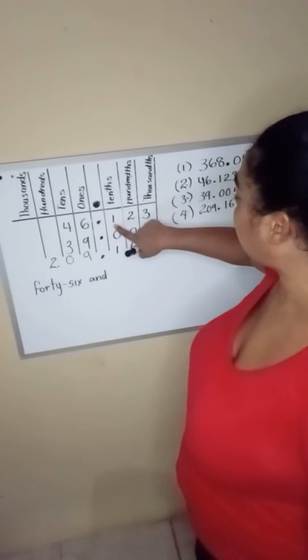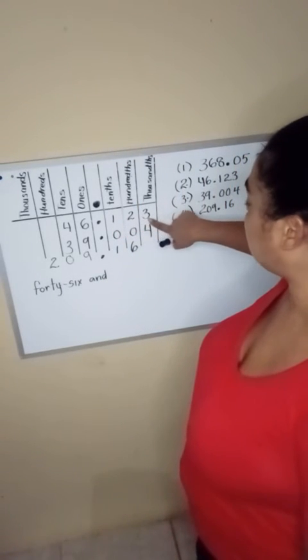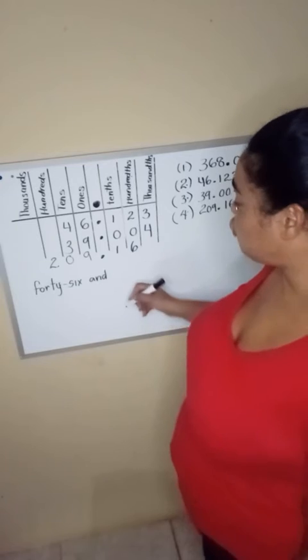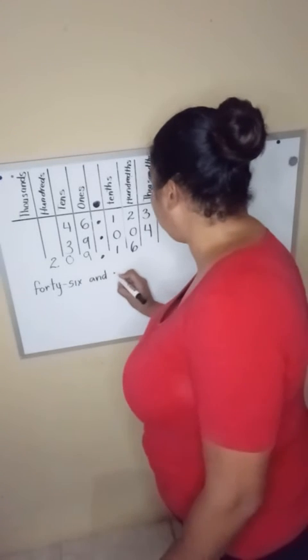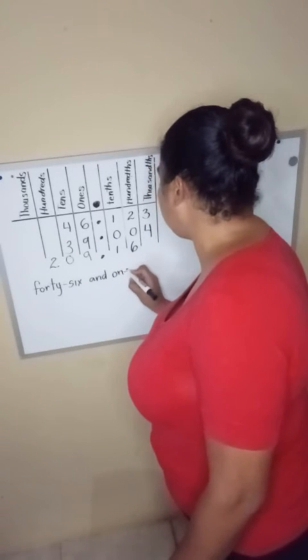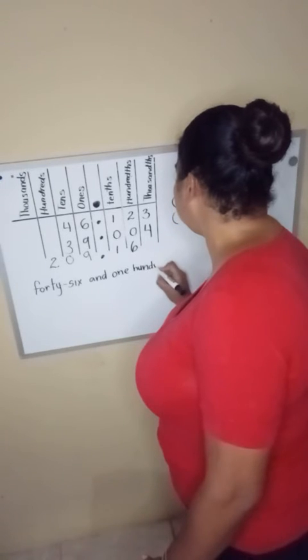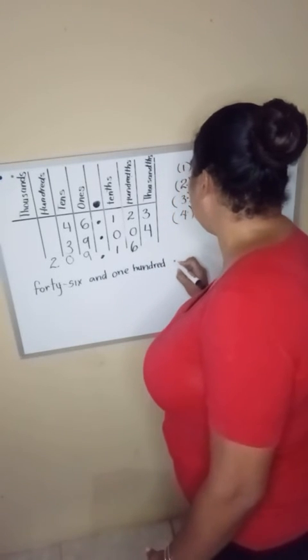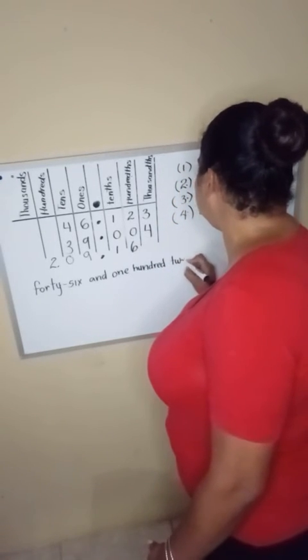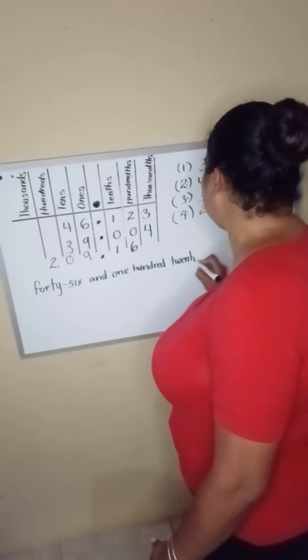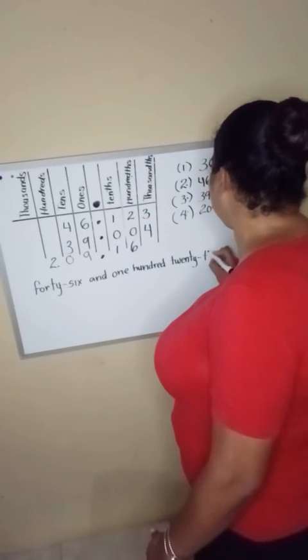And what is this number? 1, 2, 3. 123. So we're going to write 123.